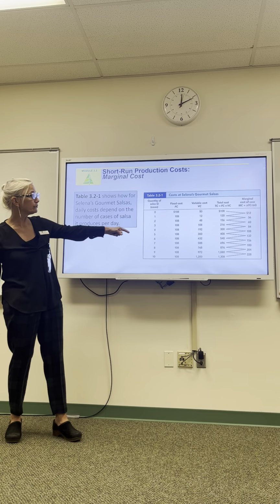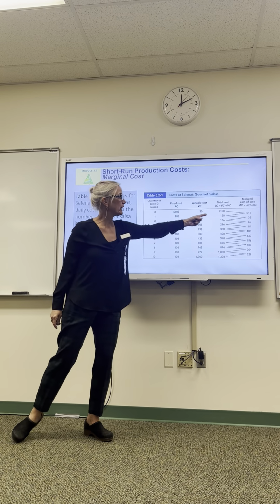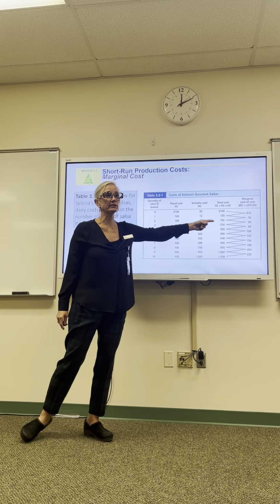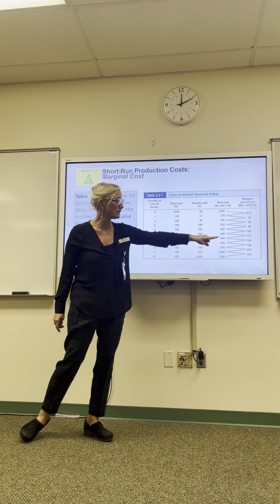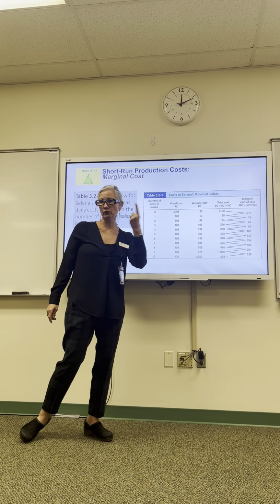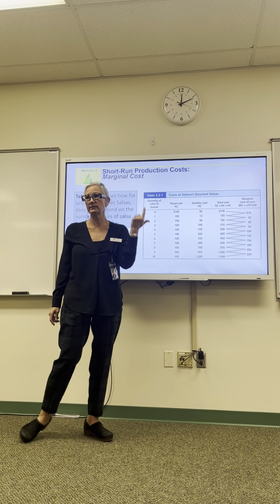And so all you really need to worry about for marginal cost is the change in total cost, because it's always going to be increasing by just one unit of output in the denominator. And so when that's true, it's just that over one is that number.